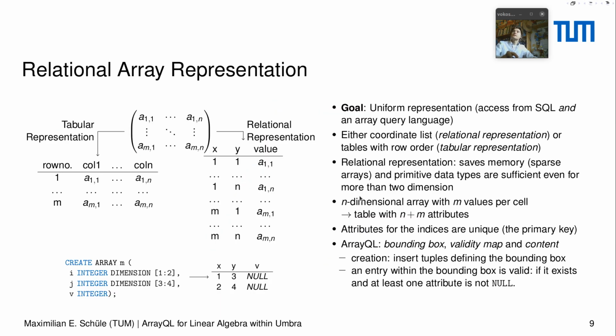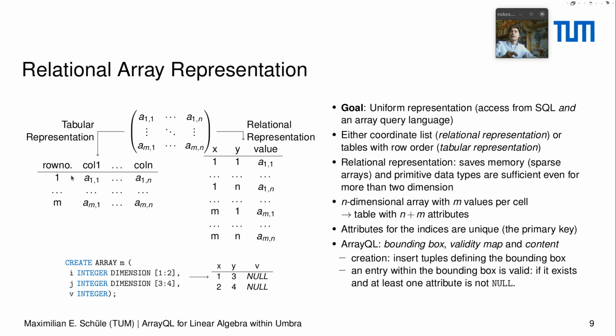So the goal is to have a uniform representation that allows access from SQL and an array query language. Here's the matrix, and possible is either a coordinate list, which is a relational representation, or a table added by a row ordering.